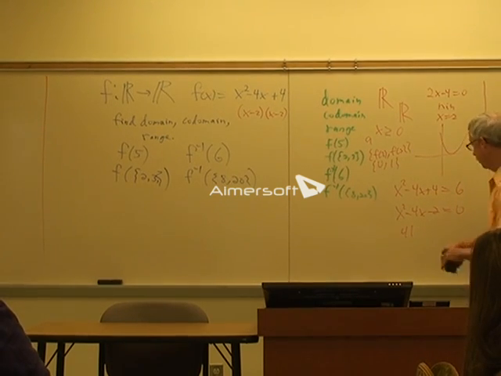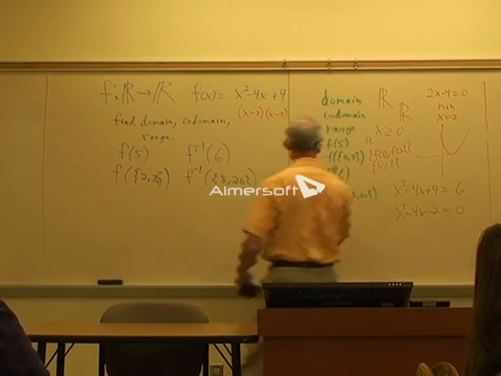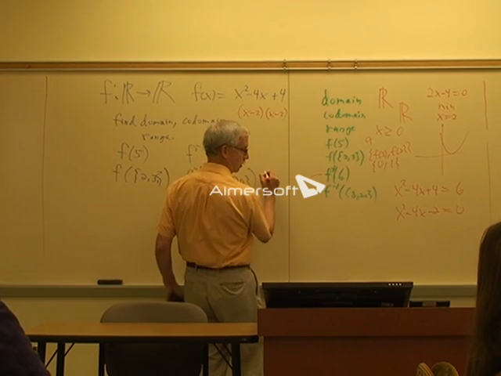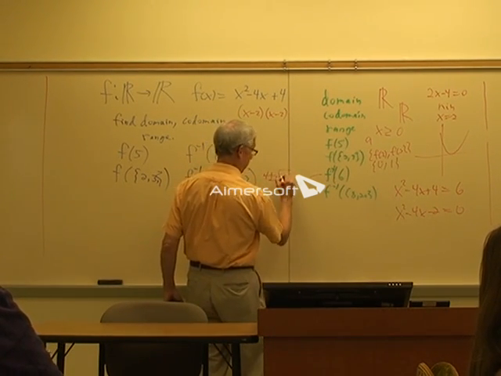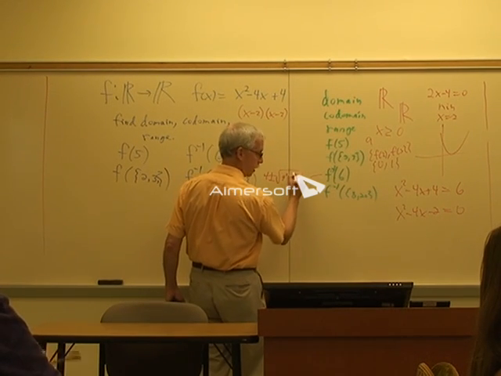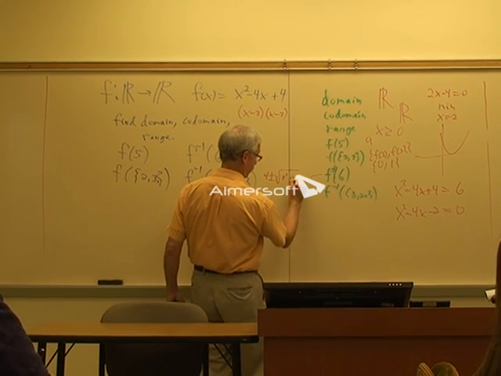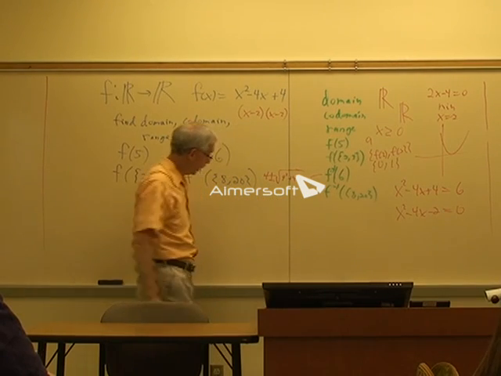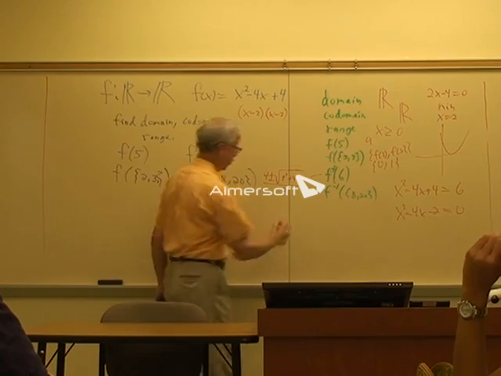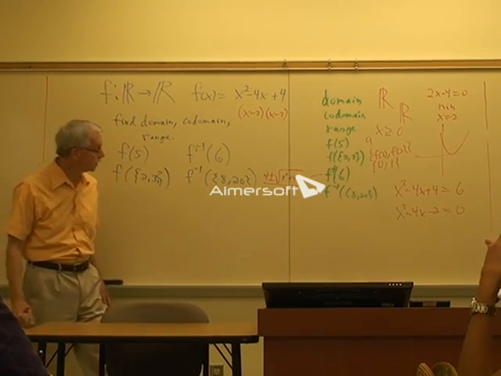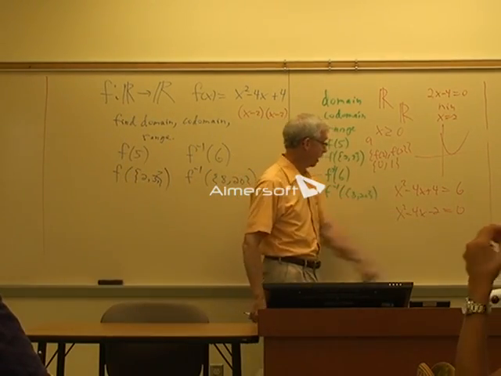So the pre-image of 6 is 4 plus or minus the square root of 4 squared plus 4 times 2, so 16 plus 8, all over 2, whatever those two numbers are, that solve this equation.